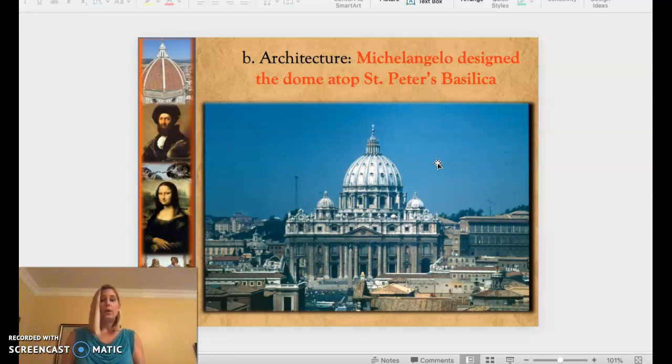This dome, of course, is larger than Brunelleschi's in Florence, so don't get the two confused. Michelangelo was commissioned by the church in order to construct the designs for this dome. It's a great example of Michelangelo's work as an architect.